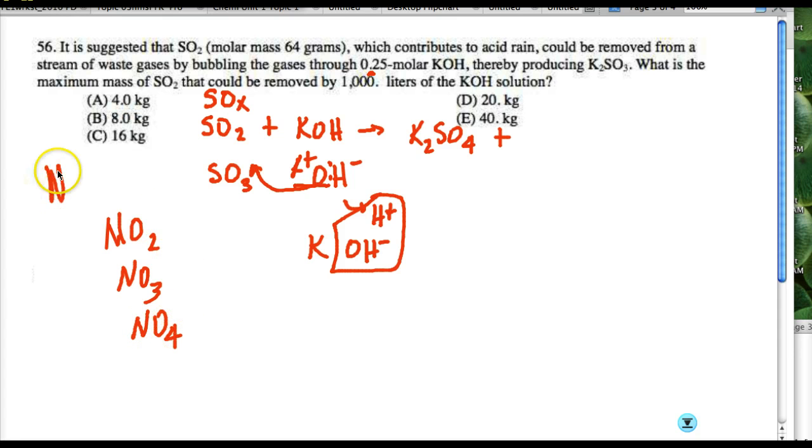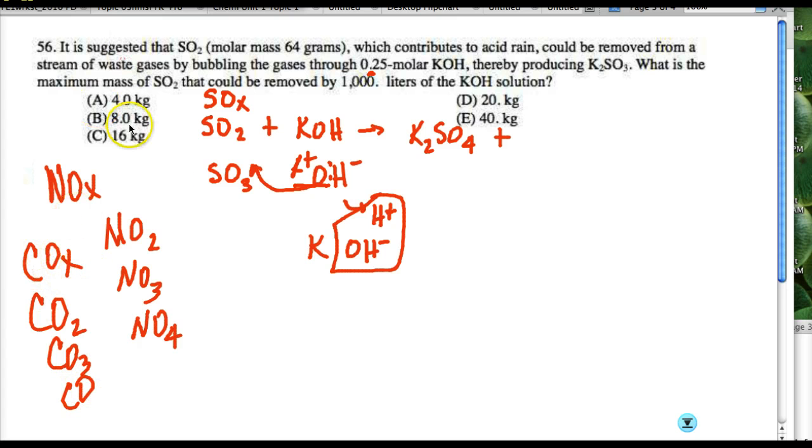So we call these the NOx. And don't laugh, but we also can do CO2 and CO3 and CO, and so we call those the COx. So SOx, NOx, and COx, all those things go together. When they react with something like a strong acid or a strong base, they rearrange and produce these salts, and they also produce water.